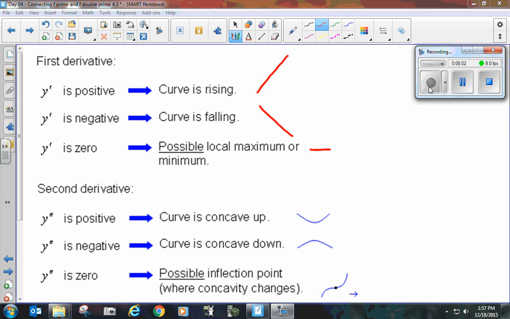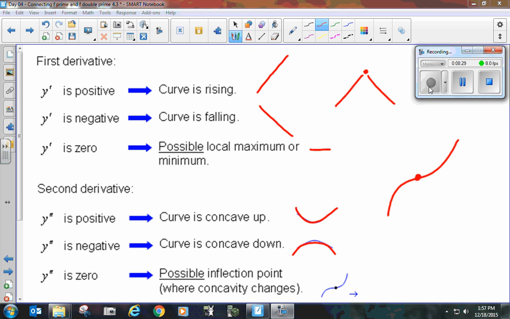The second derivative tells you, if it's positive, it's concave up. If the second derivative is negative, it's concave down. And the critical point for the first derivative is where it switches, right? That's the critical point. The second derivative is where it might be a frowny face and then start to turn into a smiley face. That's the point of inflection.